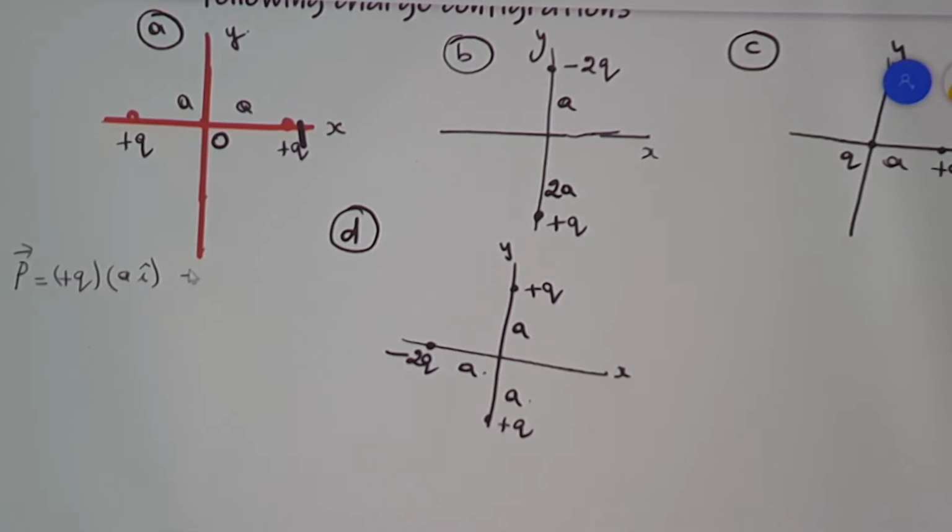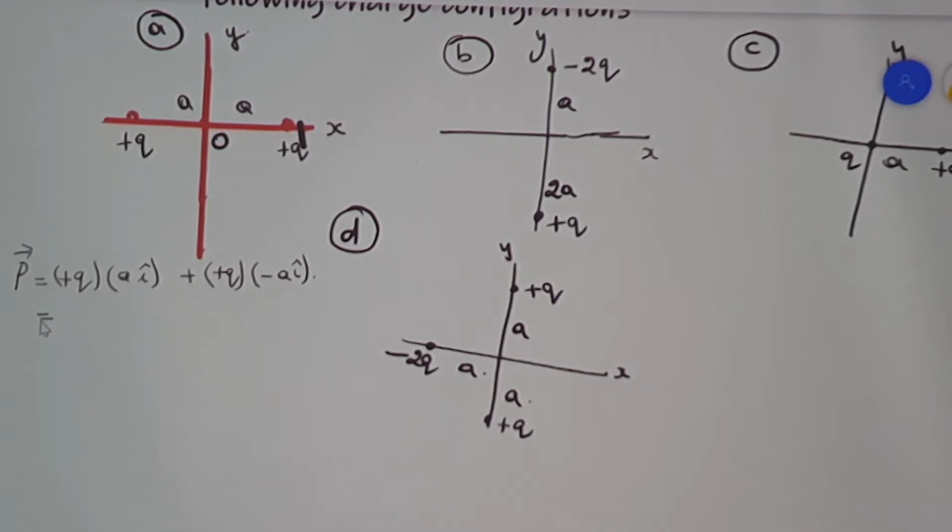Then plus, this is the negative x-axis. Again the charge is plus q, but along the negative x-axis the distance is minus a i cap.